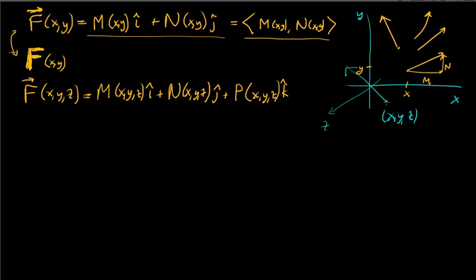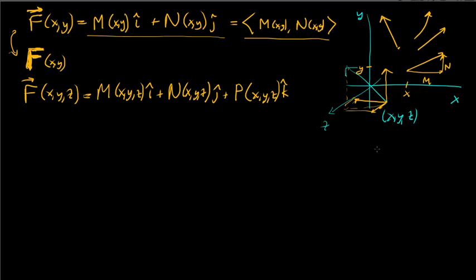So here it looks like the x component will be negative. The y component might be positive, but the z component might be positive as well. So again, this is the usual notation, or the usual representation in terms of x, y, and z.